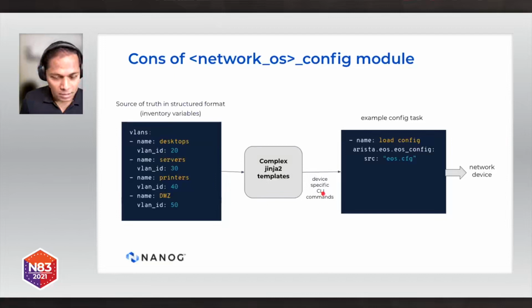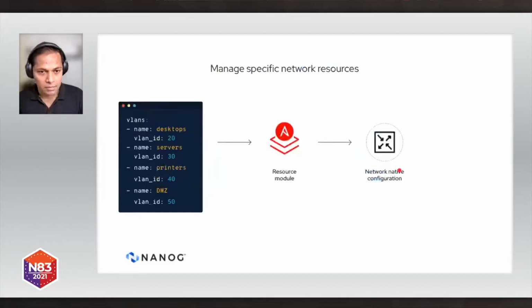So after you have these CLI commands, you will basically be using EOS config or config modules to push the configuration onto a device. Is there an easy way to do config management with Ansible? The answer is resource modules. The resource module basically understands all the device-specific CLI commands. It takes structured data as input, converts it into vendor-specific CLI commands, and then pushes the native network configuration onto the device.